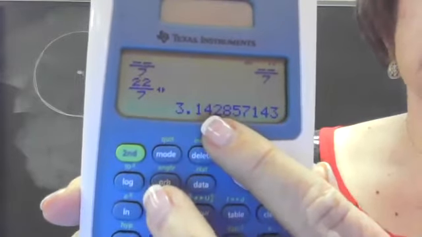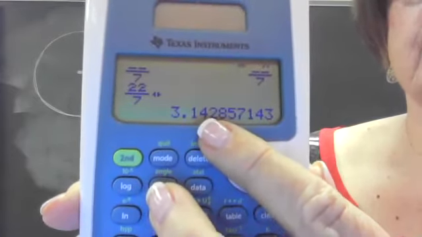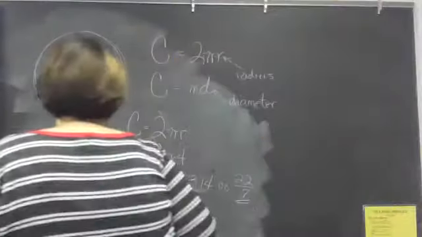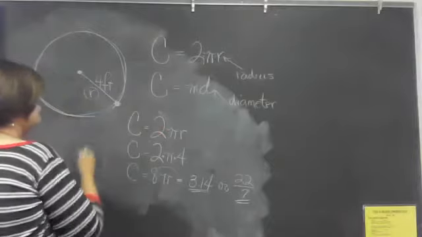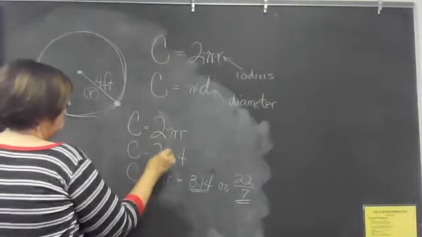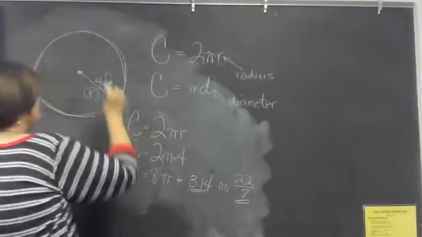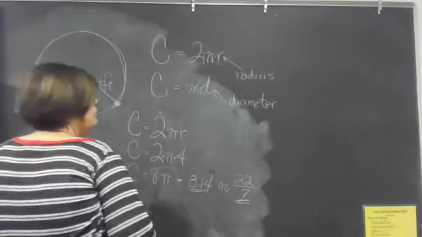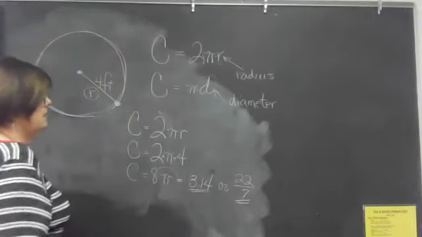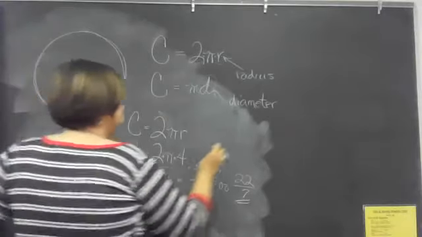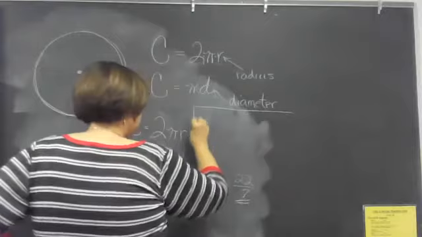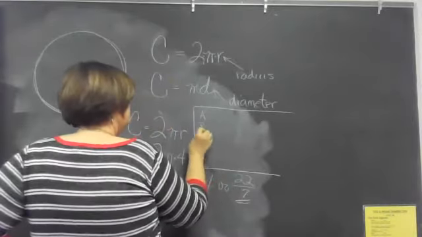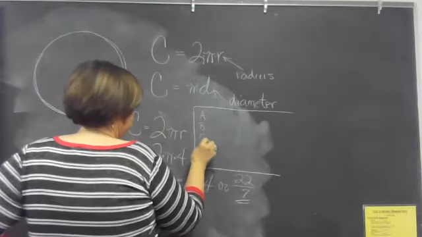Okay, now here's what you're going to need to know. When you come across a problem that involves a circle, it will have a pi in the formula somewhere if it involves a circle. So what you need to do on the GED test, they will either have multiple choice answers that will be like A, B, C, D, something like this.